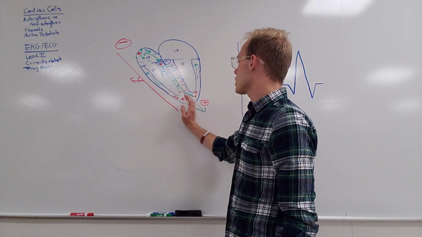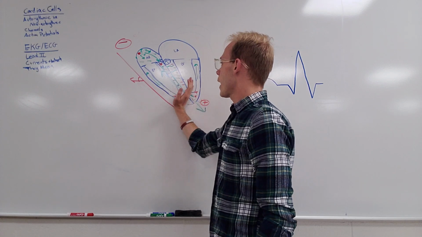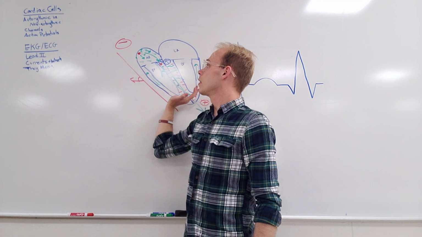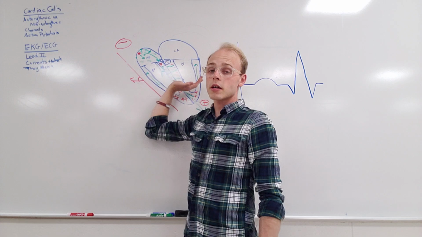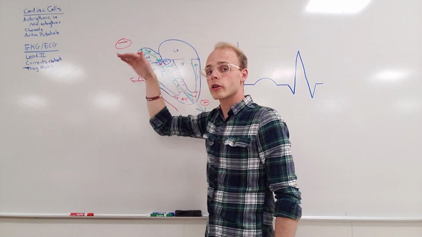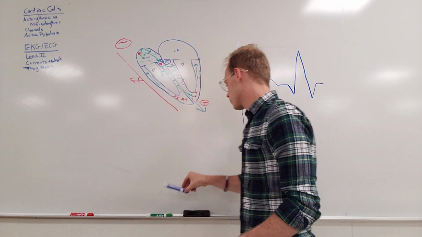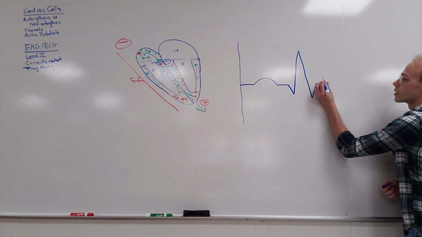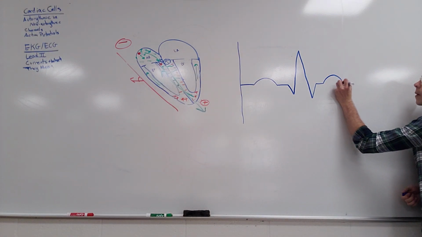And so you can appreciate that these positives heading towards the negative electrode, moving towards charges outside, moving towards the opposite electrode, will create an upward deflection. And so this is when we get something like this.